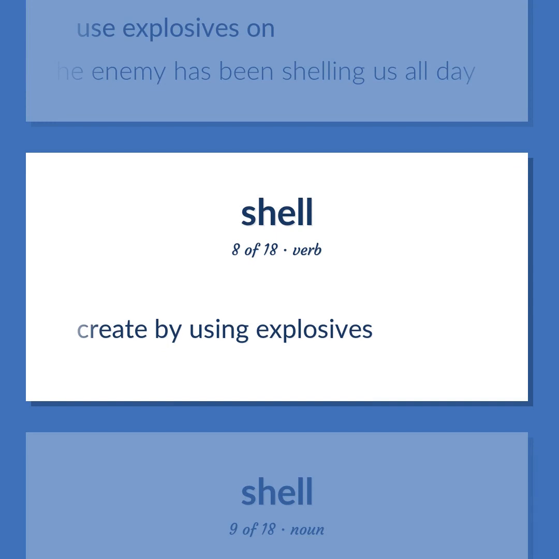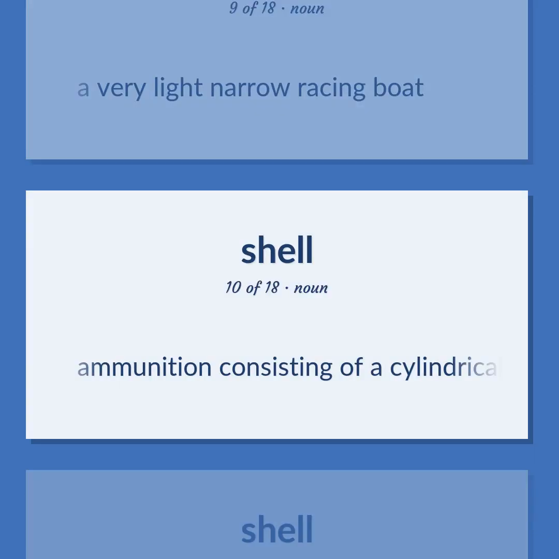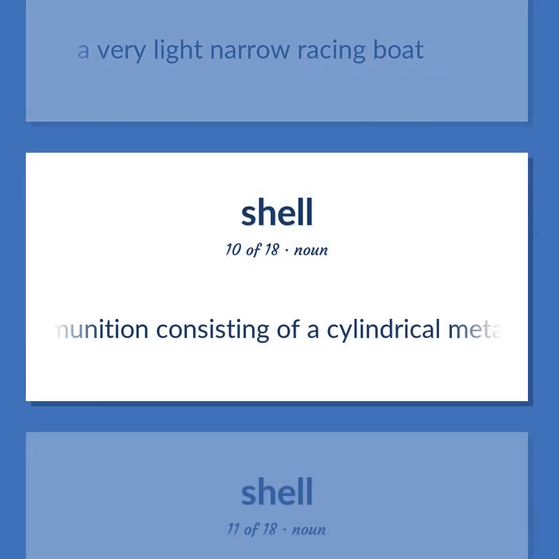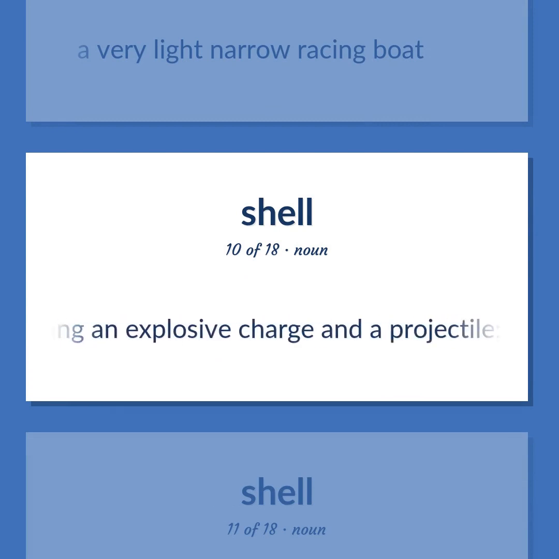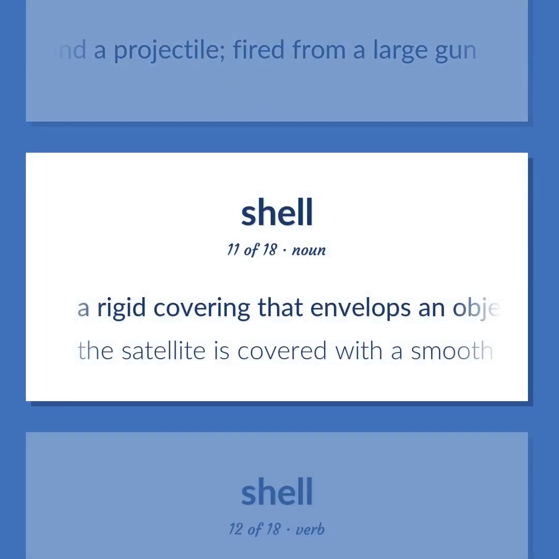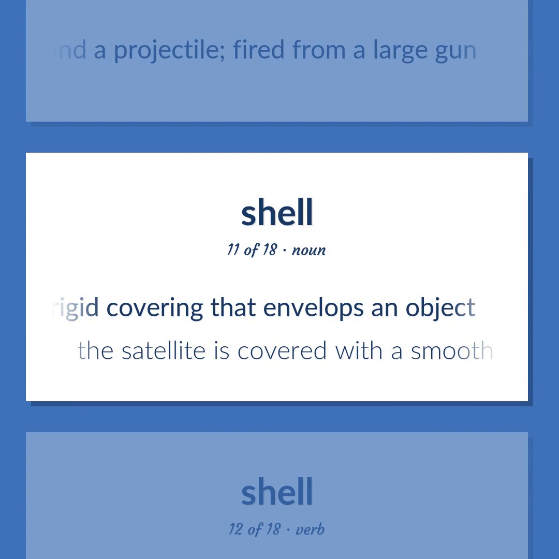Create by using explosives. A very light, narrow racing boat. Ammunition consisting of a cylindrical metal casing containing an explosive charge and a projectile, fired from a large gun. A rigid covering that envelops an object. The satellite is covered with a smooth shell of ice.